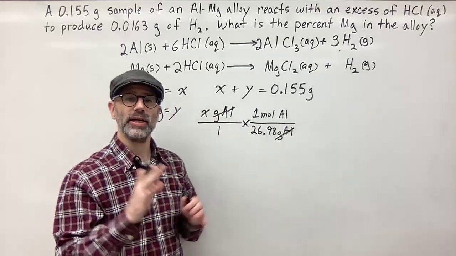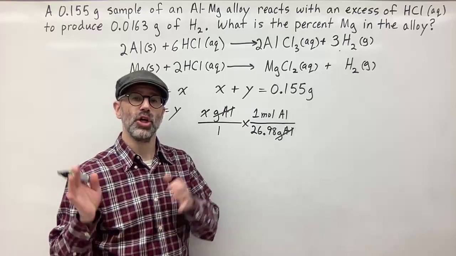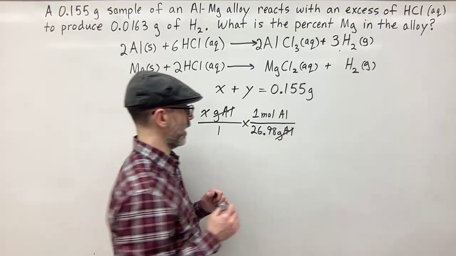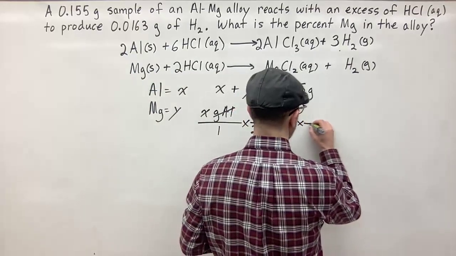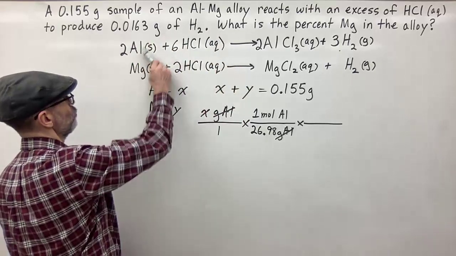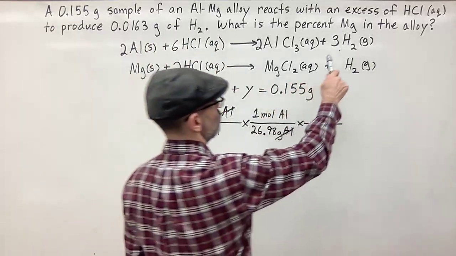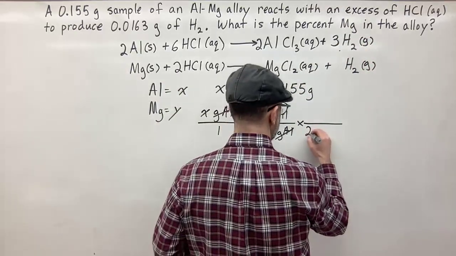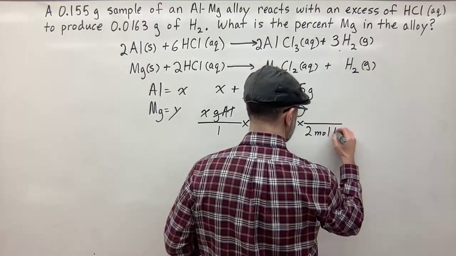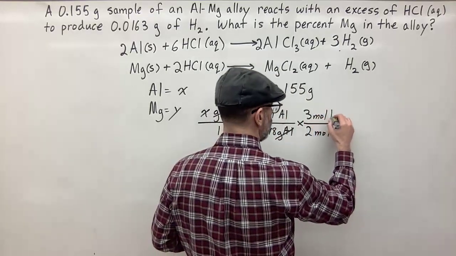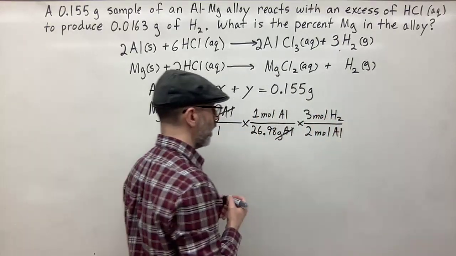The second part is to use the mole ratio to go from moles of aluminum to moles of hydrogen gas. I'm going to use the mole ratio from my balanced equation. I know that 2 moles of aluminum is going to produce 3 moles of hydrogen gas, so I'm going to put 2 moles of aluminum on the bottom and 3 moles of H2 on top.